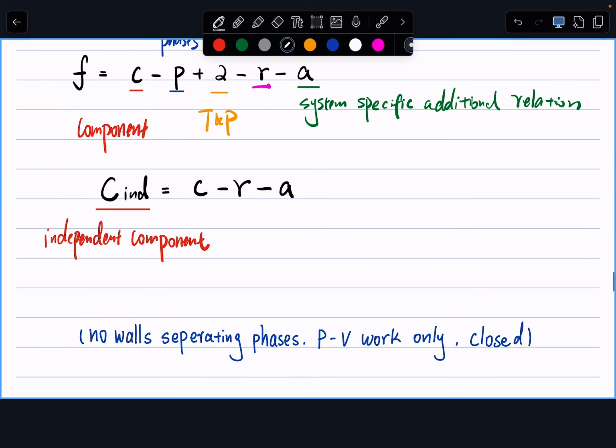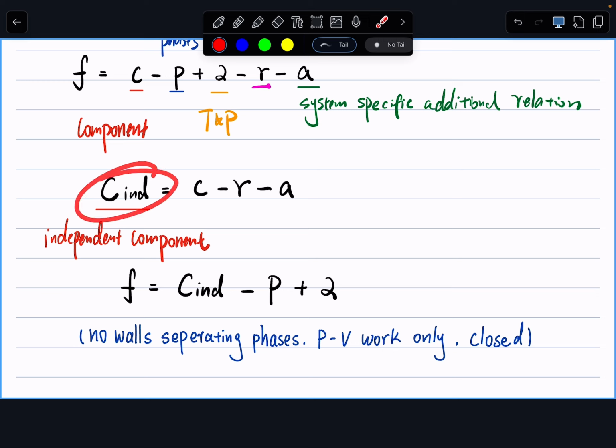In that case, we can finally rewrite it as F equals C_IND minus P plus 2, where your independent component includes chemical reactions that might have taken place.